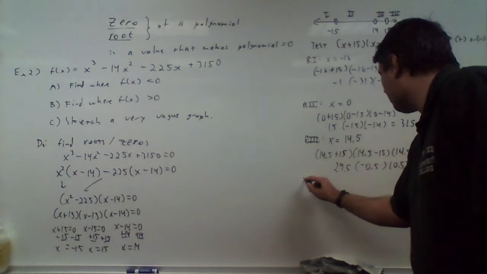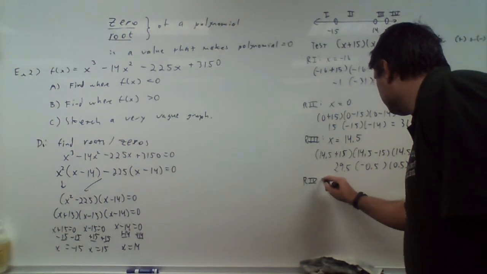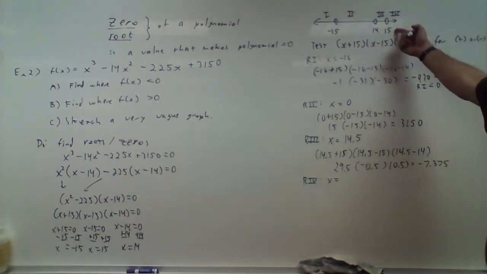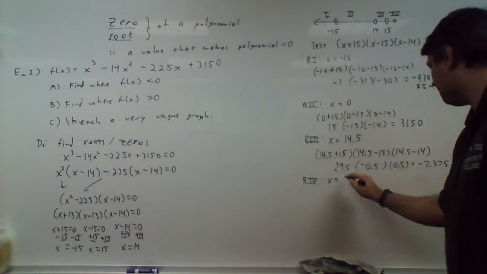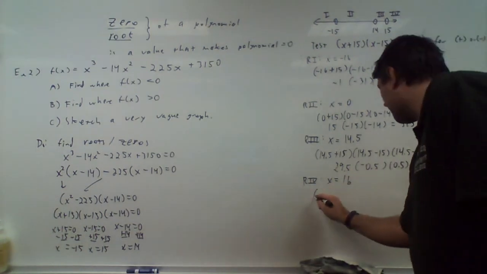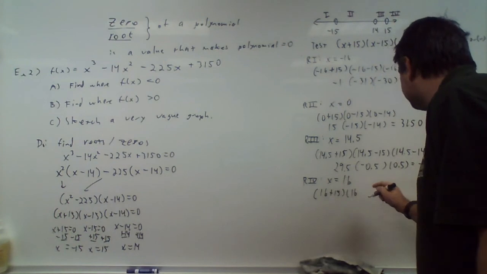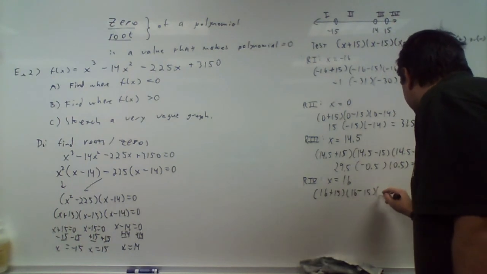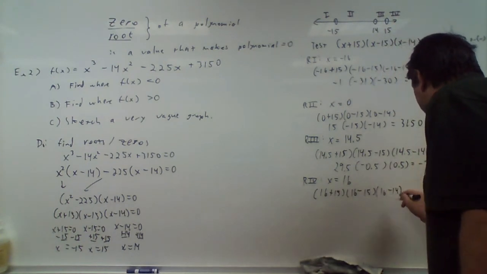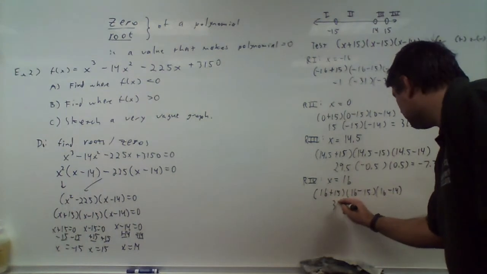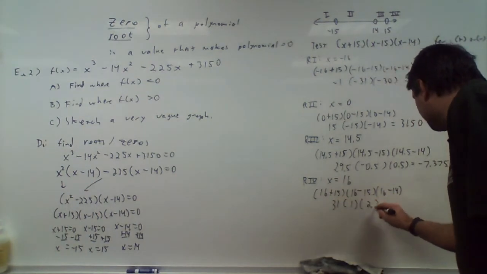And then region 4. X equals 16. Seems reasonable to me. So I'll plug it in. I'll have 16 plus 15, 16 minus 15, and 16 minus 14. So that's 31, that's 1, and that's 2.